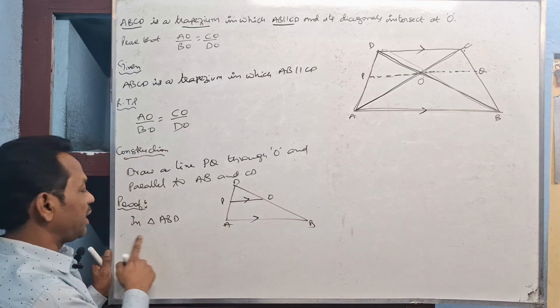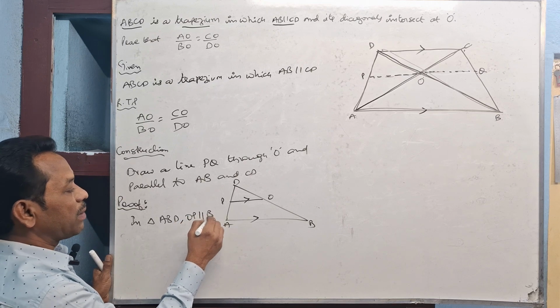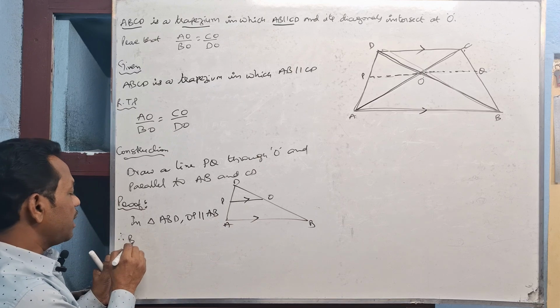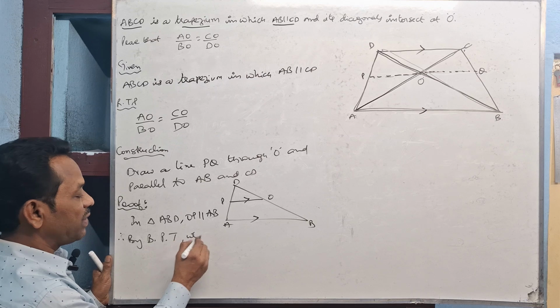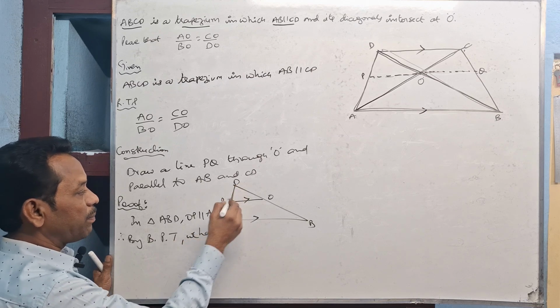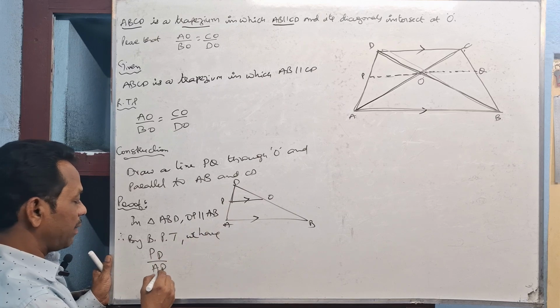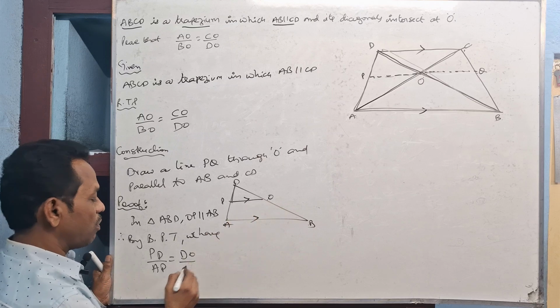So in this triangle ABD, given that OP is parallel to AB, therefore by the basic proportionality theorem we have PD by AP equal to DO by BO.